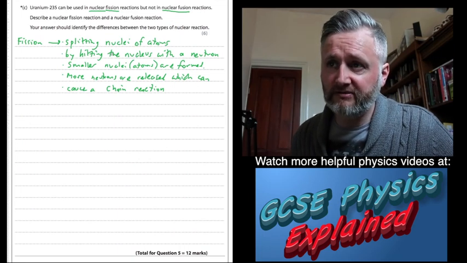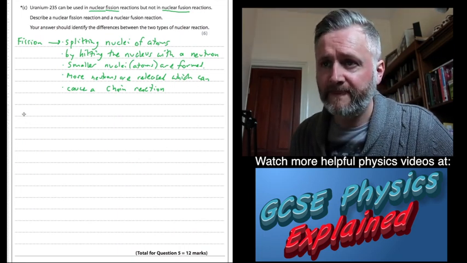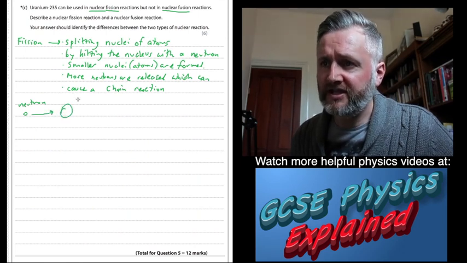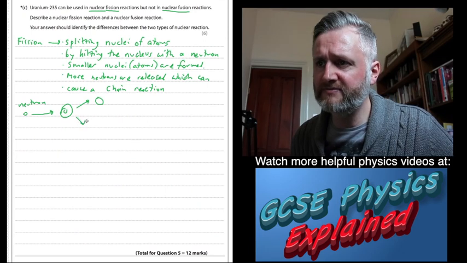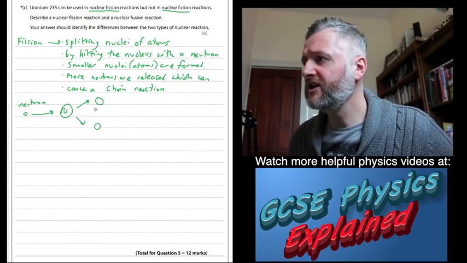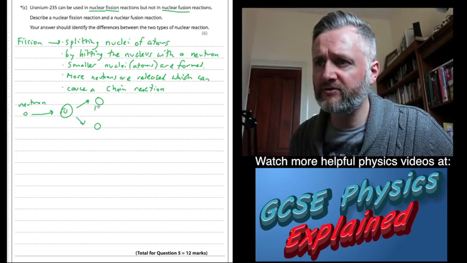Watch, here's a picture to help you to understand it. There's the neutron. Now that goes and hits a big atom like uranium. Now that uranium is going to split into 2 smaller atoms. You don't need to know the names, but if you wanted to, that would be krypton and barium.